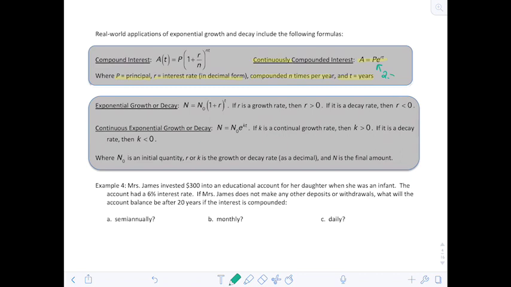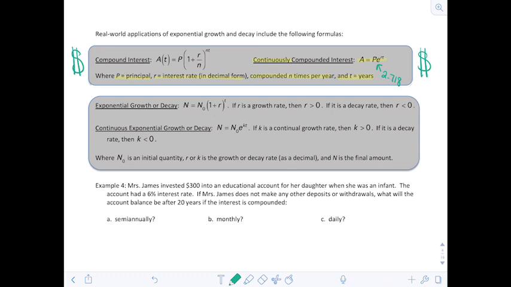That's my 2.718 always. And then to the rt power, rate and time again. Those are going to be very familiar to you guys. I want to point out that these top two equations in the gray box are money equations. You're going to use those when you're talking about money and investments.